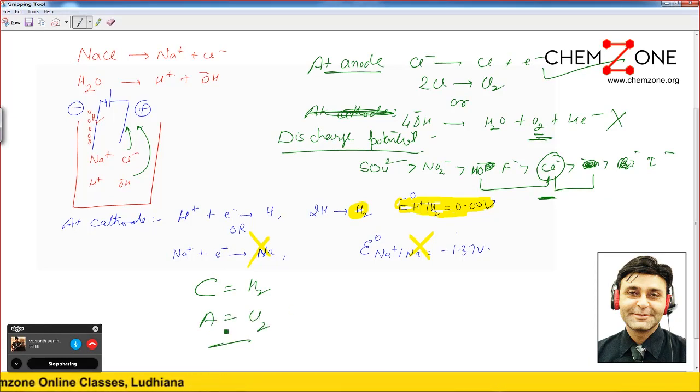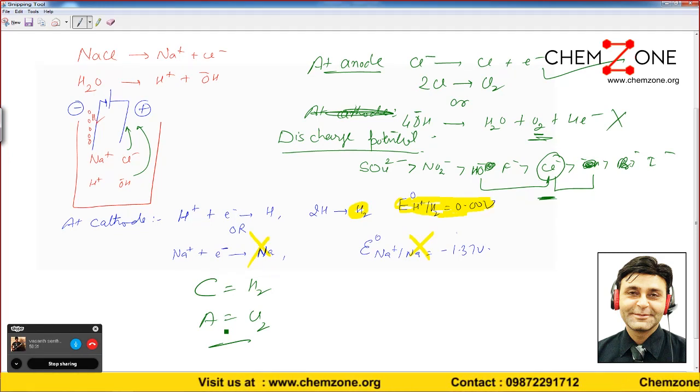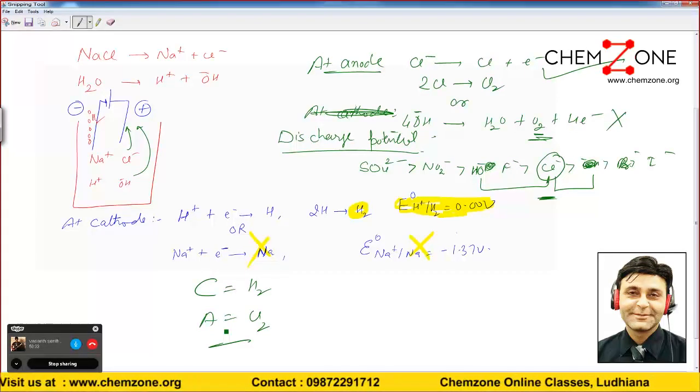Is it different from that in the molten state? A little bit. What is the difference there? At cathode, what is produced in the molten state?